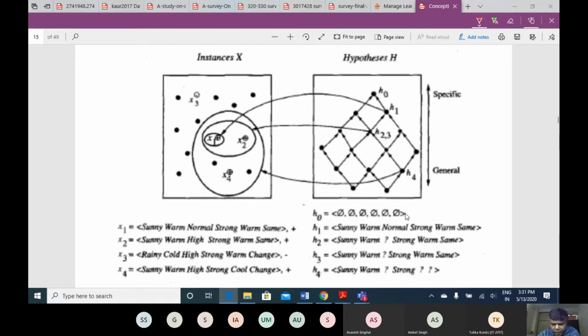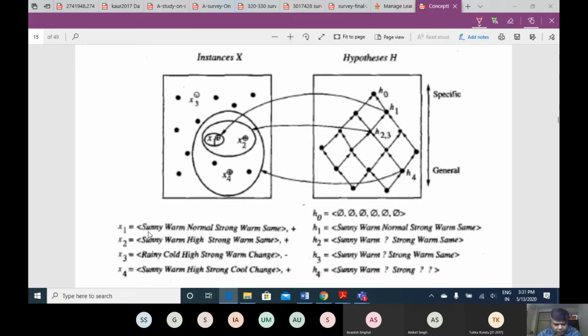Now, based on each example, we keep on modifying this hypothesis in this way. X1 is this example, which is a positive example. Positive means for this combination of values, your concept is true.